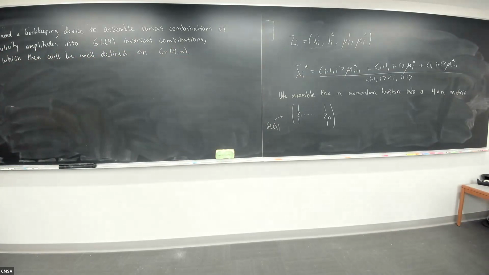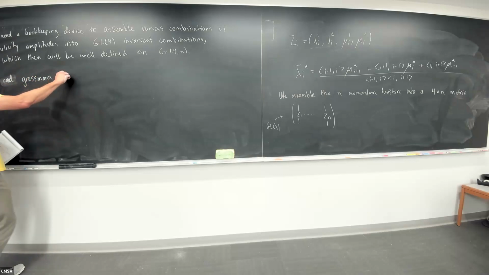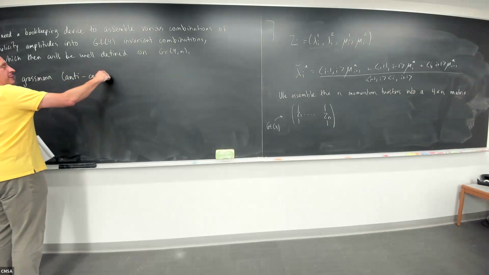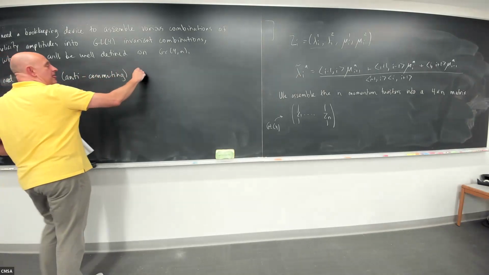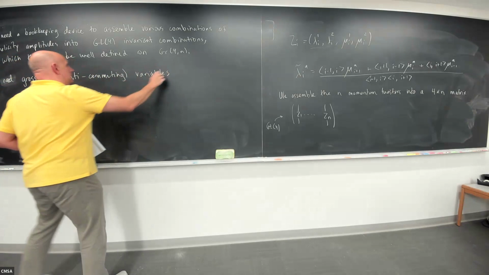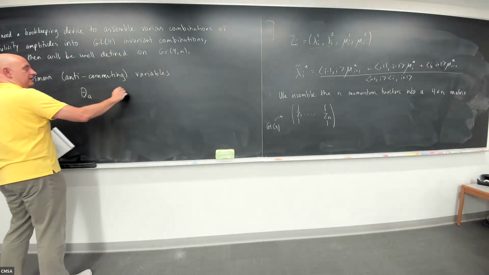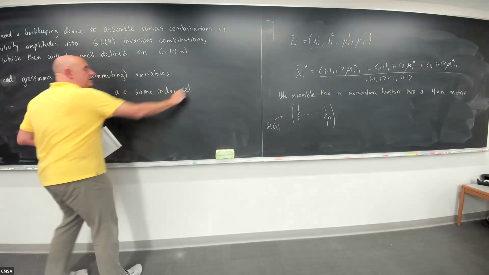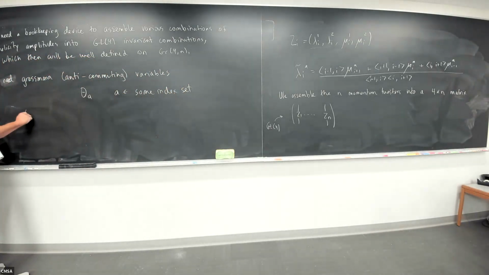So here's how it works in practice. We need to introduce Grassmann variables. So I'll just review the definition of this and then I'll quit. Grassmann variables are defined by the fact that they anti-commute.